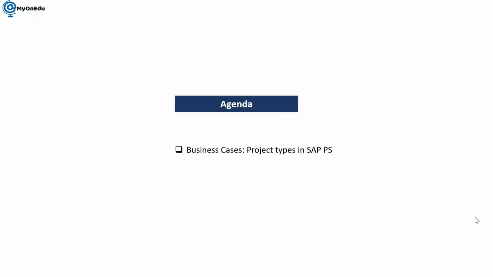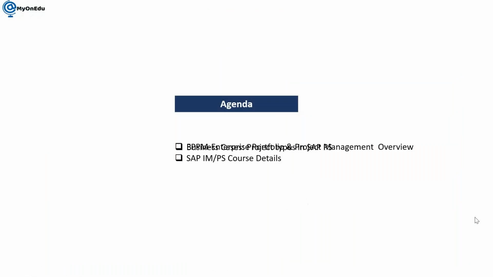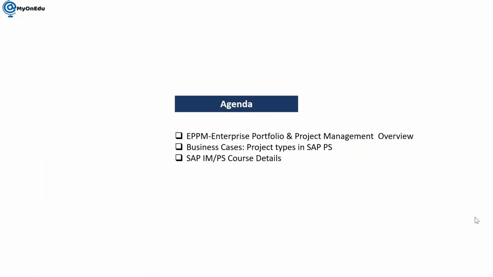My agenda is to explain the concept of EPPM, Enterprise Portfolio and Project Management. You might hear the terms Project System, PPM, CPM, and EPPM. These are different terminologies we use for different modules, and combined we call them EPPM.